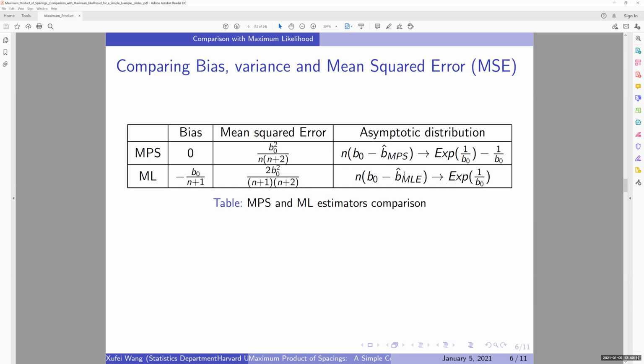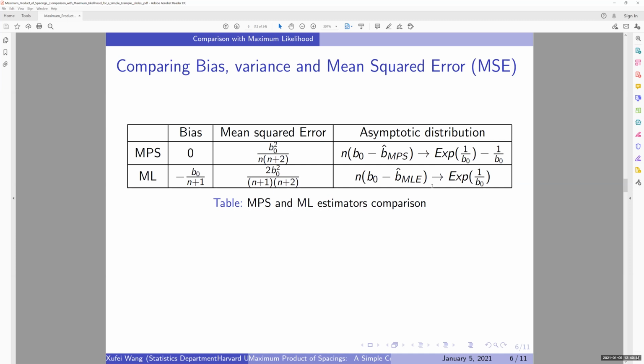For the asymptotic distribution, we use n times (B0 minus the estimate). The MPS estimator follows an exponential distribution centered at 0, because the exponential distribution has mean 1 over B0, which shows that the asymptotic distribution has mean 0.